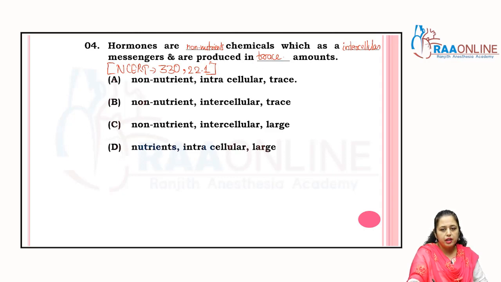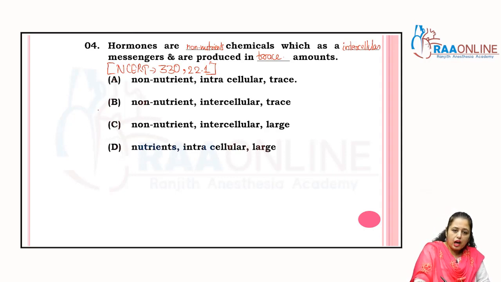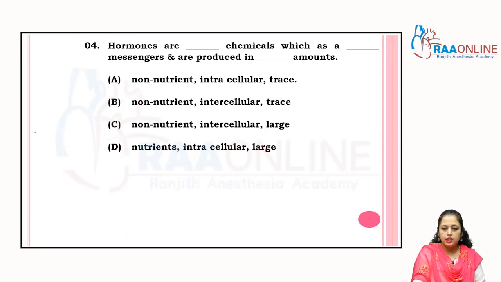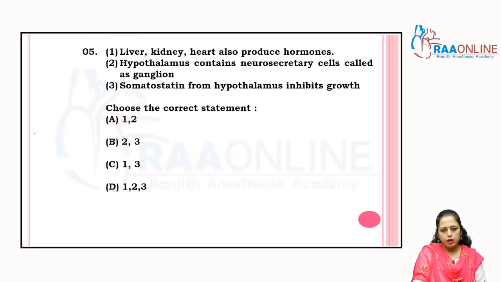In that particular paragraph it is highlighted actually. Clear? So the hormones are the non-nutrient chemicals which act as intercellular messengers and are produced in trace amounts, that is, a little bit of amount. Clear? Now come to the next one.